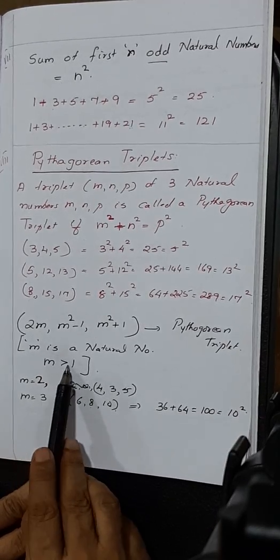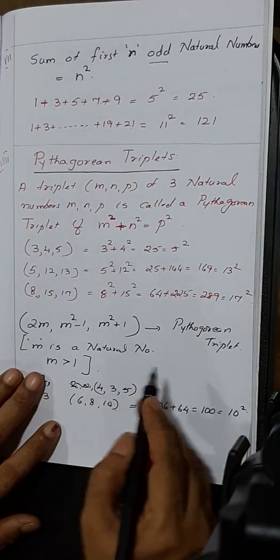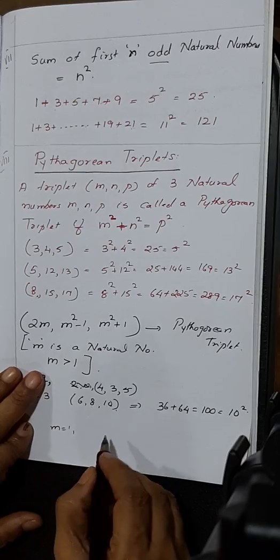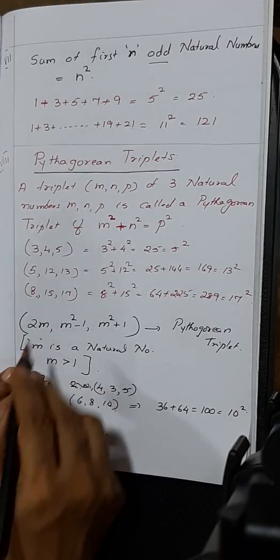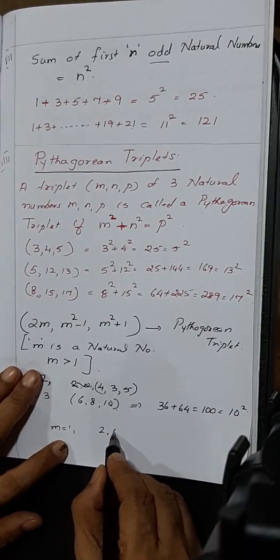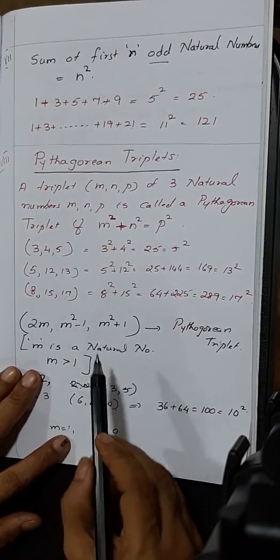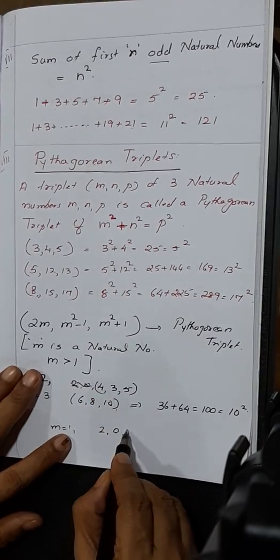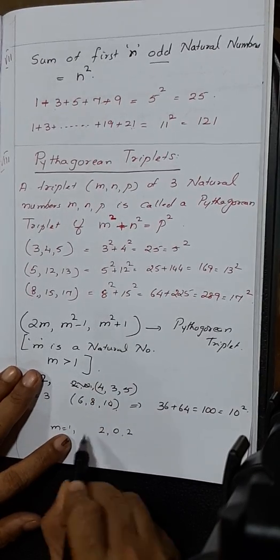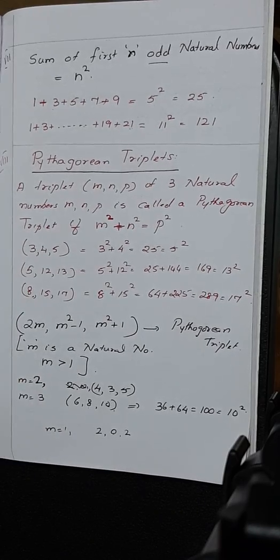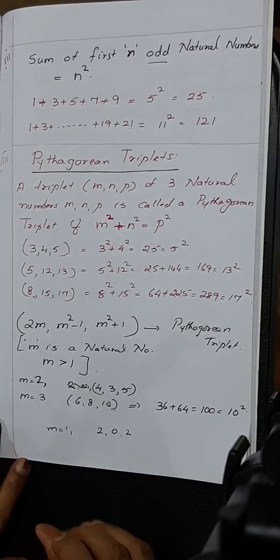You cannot put m equal to 1 because if you put m equal to 1, you will get 2 into 1, which is 2, then 1 squared minus 1 will become 0, and again you will get 1 plus 1 equal to 2. So it is 2 and 2, which are the same numbers, so they are not distinct. m, n and p should be 3 distinct numbers; only then can you say it is a Pythagorean triplet.